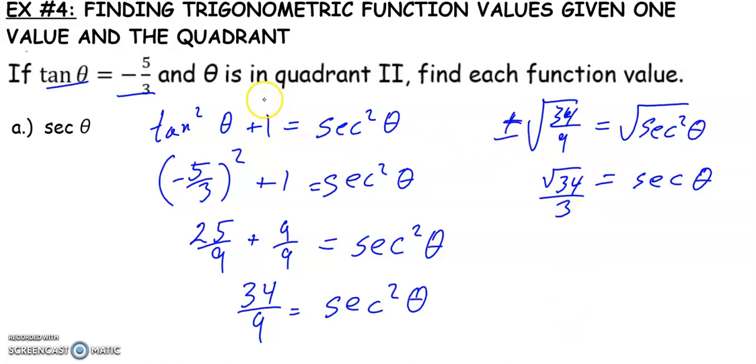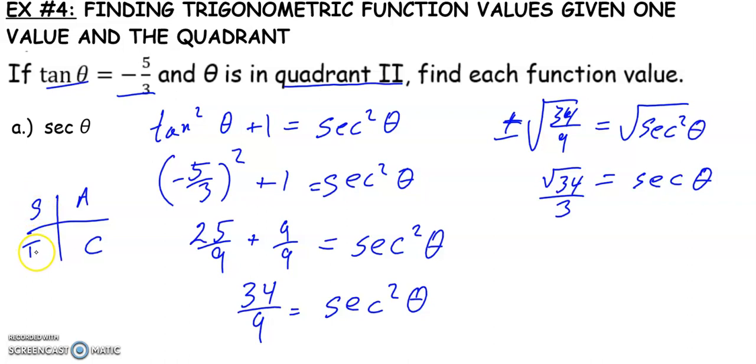What I'm going to pay attention to is what's going on in quadrant 2. What we need to remember is, given my Cartesian grids, we know that all students take calculus. Remember, all of my trig functions are positive in the first quadrant. Sine and cosecant are positive in quadrant 2.